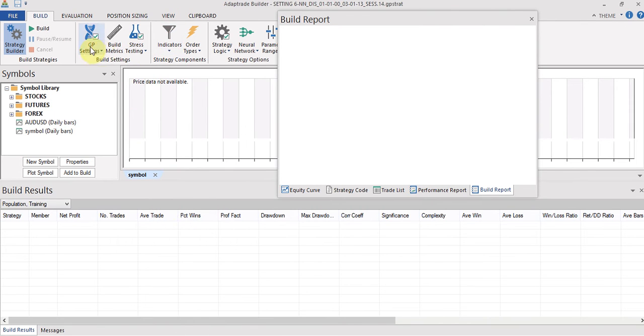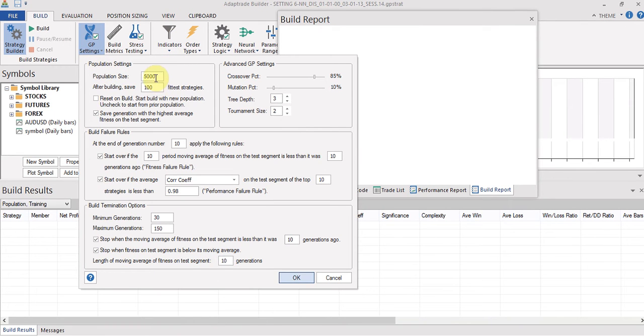Even from the genetic perspective, you might want to choose a higher population size, such as 5,000 or even 8,000, depending on the characteristics of your machine. If the machine is powerful enough, you might decide to use even 8,000 or 7,000 population size. Of course, the time required for the builder files to work is much more.